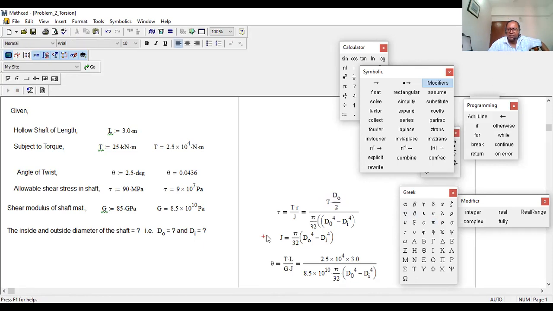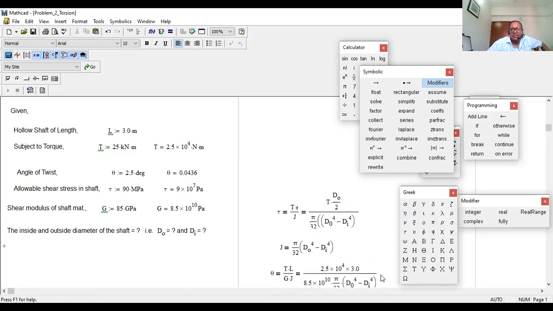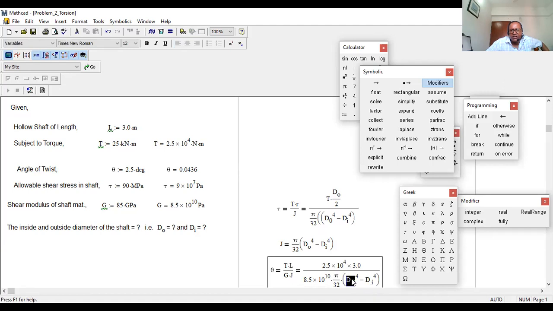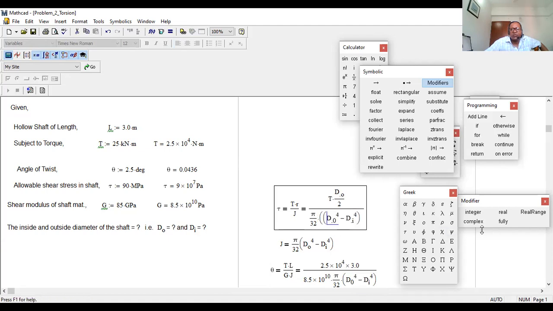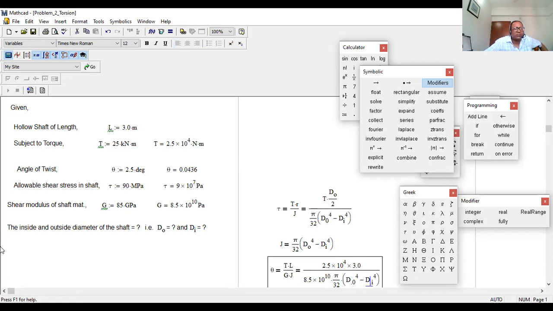Now you see, in the bottom you can figure out this value, because on the left side theta is given. You put this value over here, and this value over here, then easily you are able to figure out the value of d naught. Then you put the d naught value over here and you'll get di. Okay, very easy. So let's see.